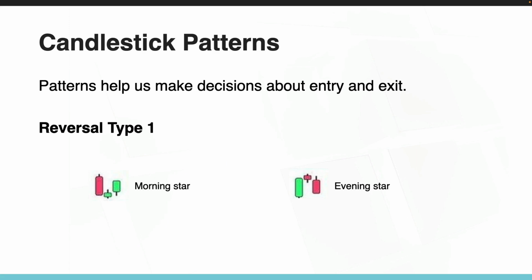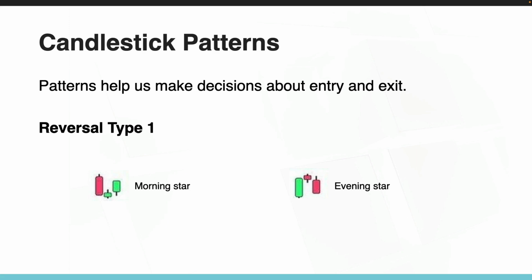Now, reversal type number 1, we have the morning star. The morning star pattern appears during a downtrend and indicates a potential reversal to an uptrend. And as you can see in the picture, we have the first candle, which is a long bearish candle representing the existing downtrend.